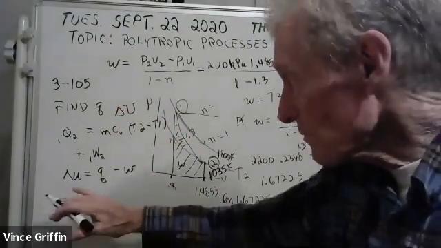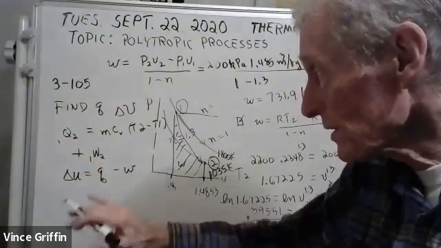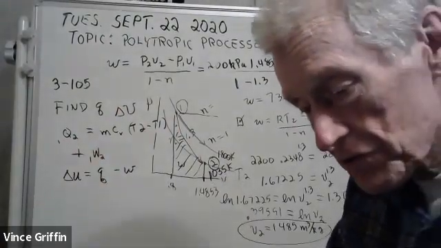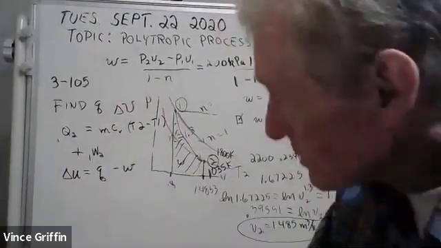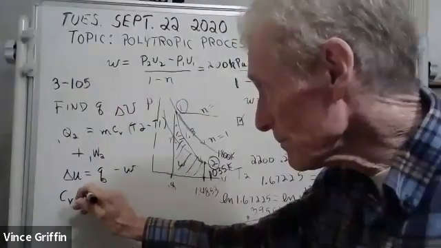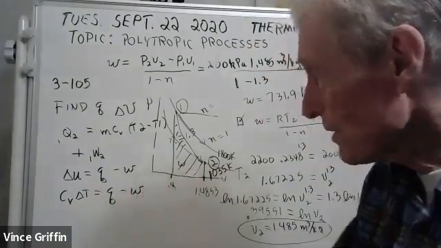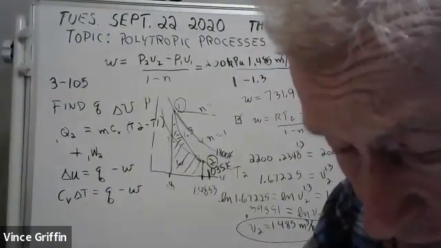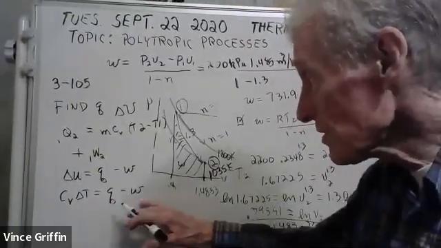But with little letters, you don't need to worry about the M, and that's going to be a little q, and that'll be a little w. What Reagan gave me was the first law of thermodynamics, but I want you to use it in little letters. What this is equal to is C sub V delta T, which is q minus little w. But yeah, Reagan, that was good. It was correct. But I want you to work with these little letters.